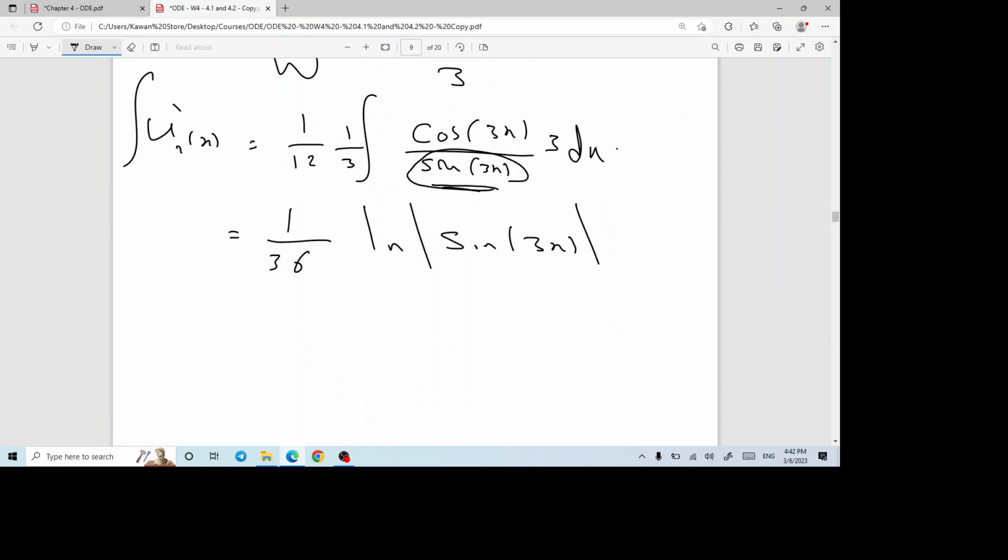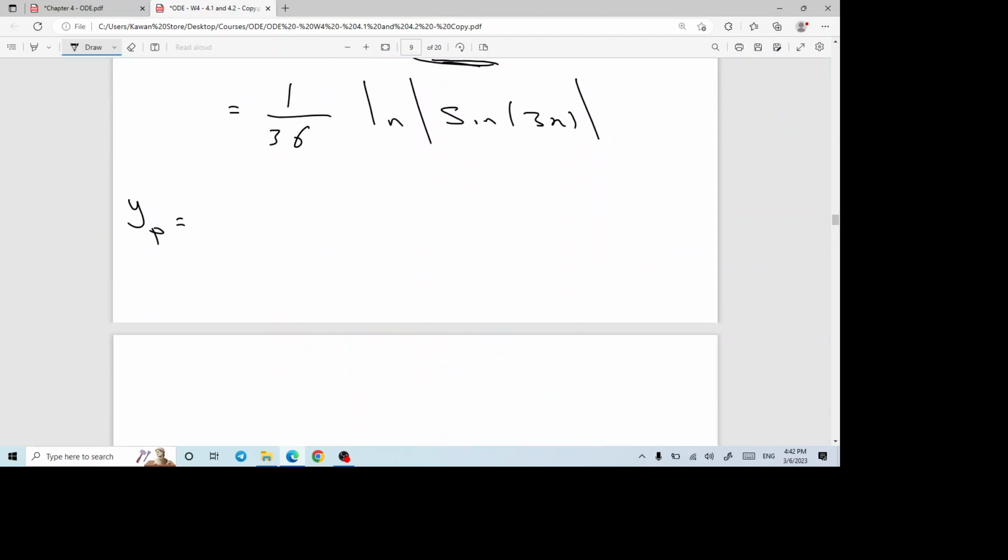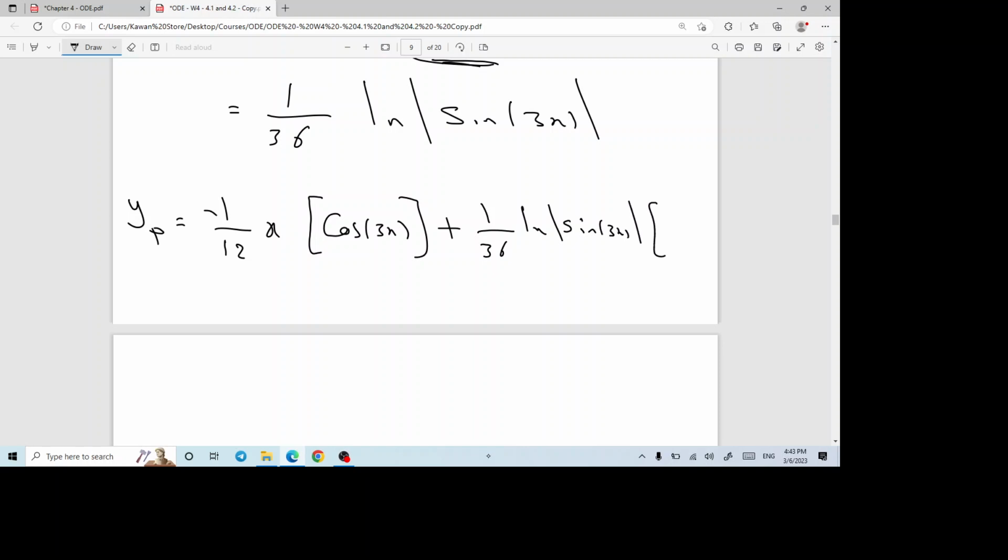Good. Now, what else? yp. So yp is equal to what? u1 y1, where u1 is minus 1 over 12 x. What was y1? Of course, cosine 3x, plus u2 multiplied by sine 3x.